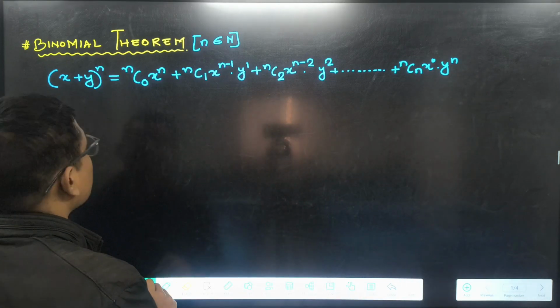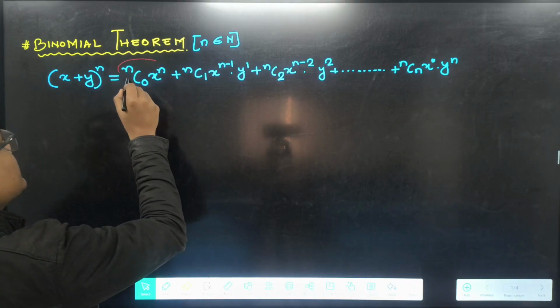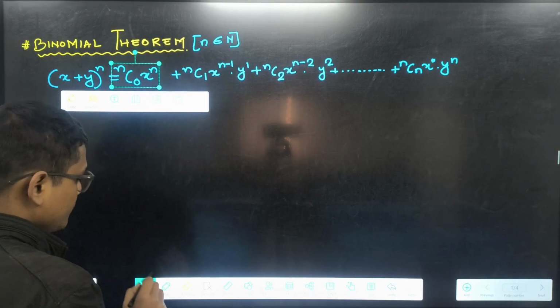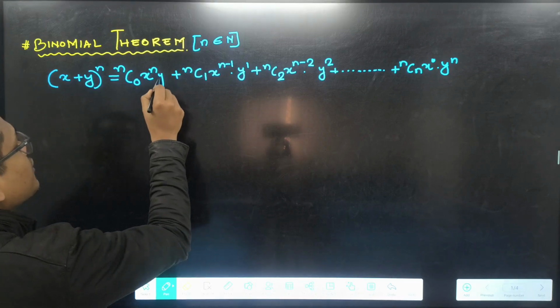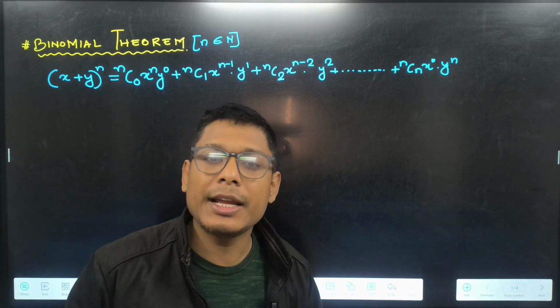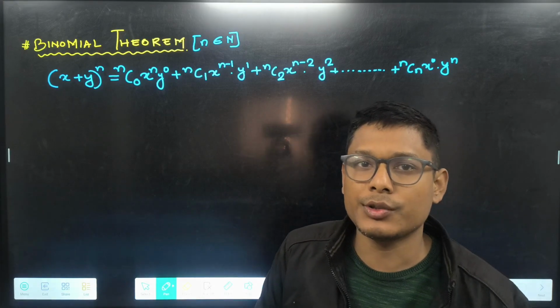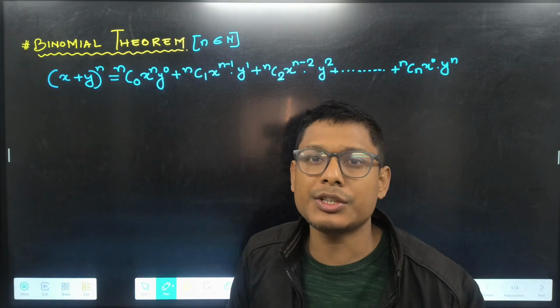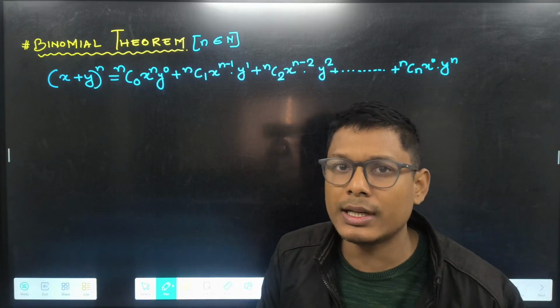So this is our binomial expansion for natural index. Natural index means we are doing the binomial expansion whose power is a natural number.